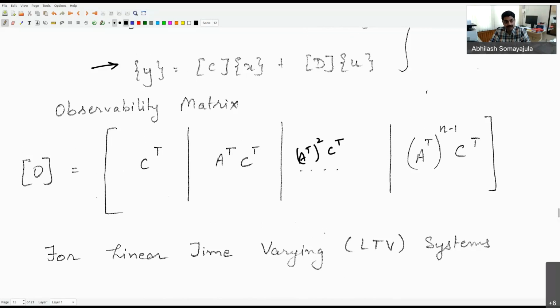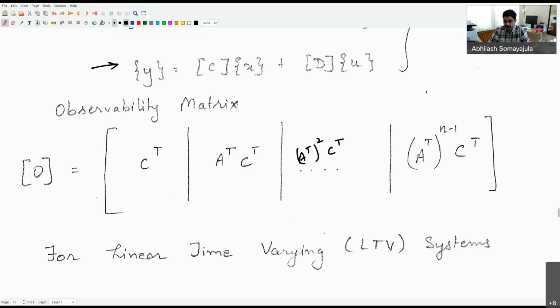So all of these will be column vectors, and in that case you will see this matrix turn out to be n by n. Then it's a square matrix. That's a special case, but in general it need not be square.